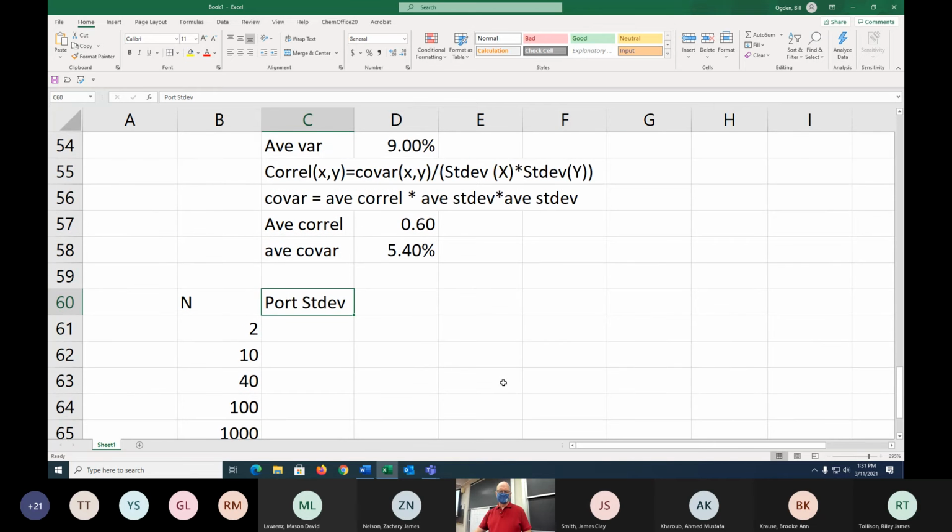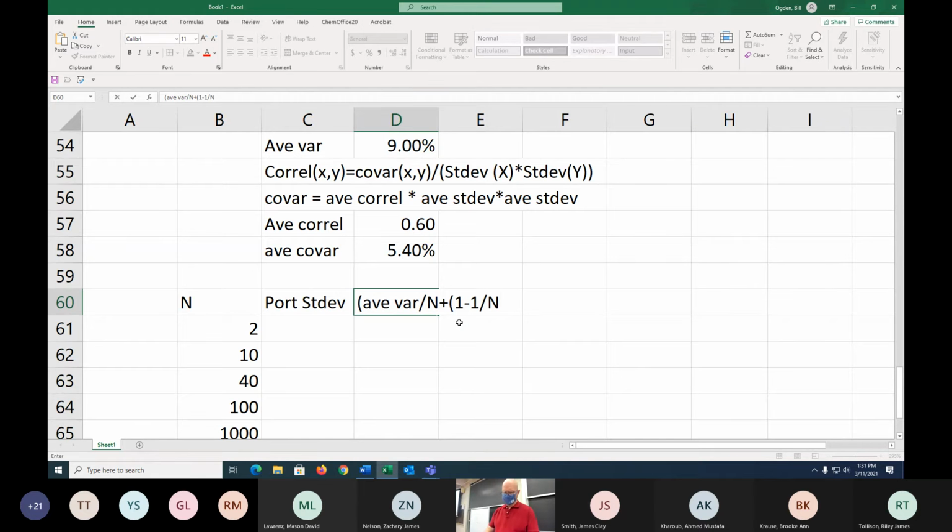Here we go. Remember how we're going to do it? Let's put a reminder here: average variance divided by n plus 1 minus 1 over n times average covariance, and we'll take the square root of that.